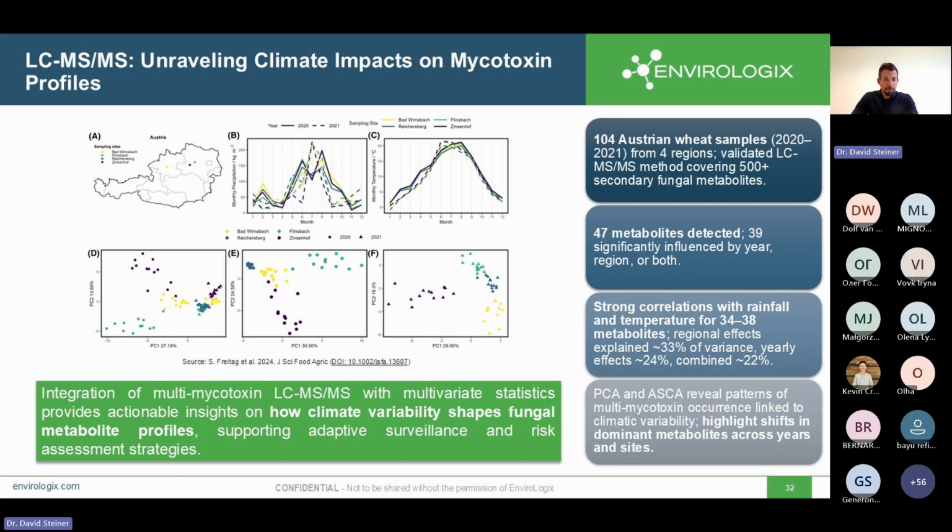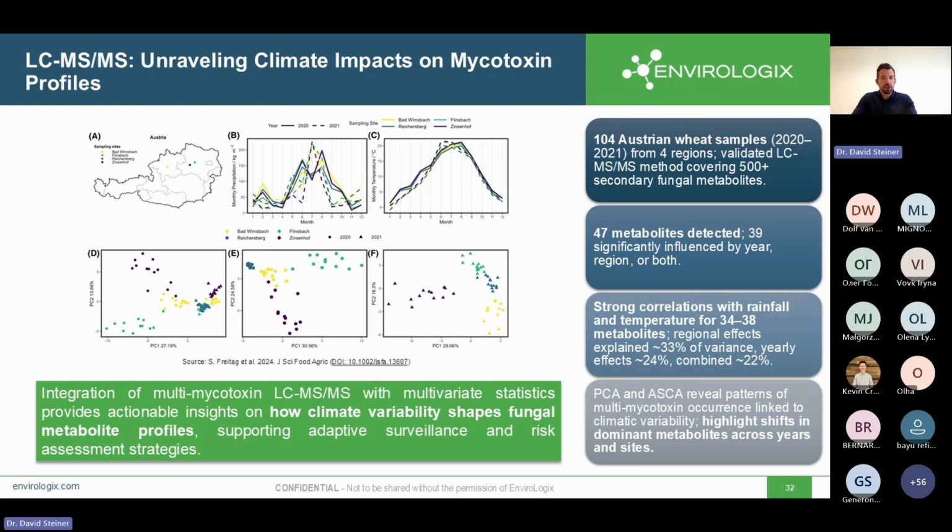So nearly 40 metabolites showed very strong correlations with rainfall and temperature, and the multivariate analysis, in this case conducted via PCA or ASCA, revealed really distinct patterns of multi-mycotoxin occurrence, which is linked to climatic variability and also shifts in dominant metabolites across years and also the sites.